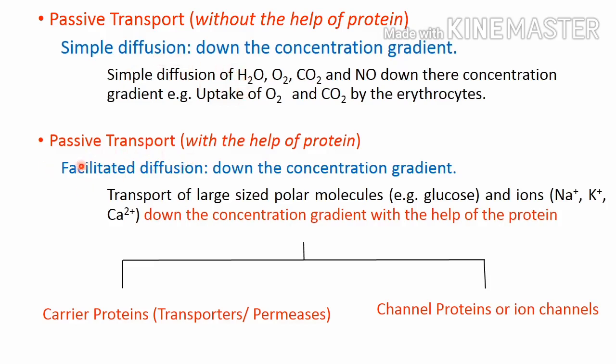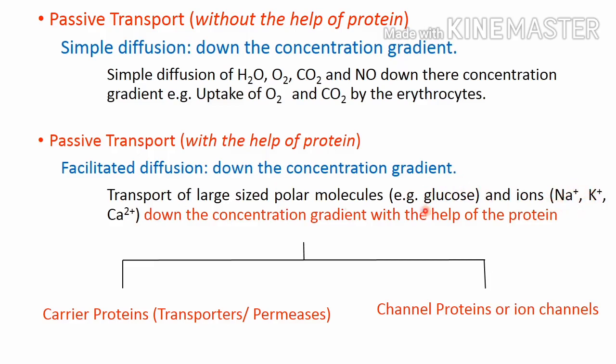Various molecules and ions are transported through facilitated diffusion, such as glucose and ions. So glucose has a transport molecule across the plasma membrane.